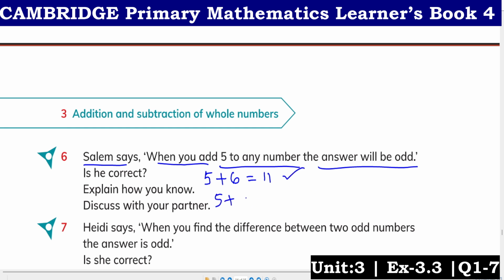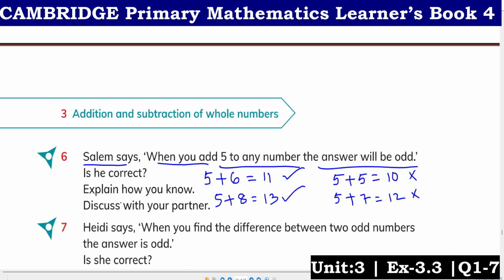5 plus 8, it's 13. In that case also he is correct. But once you add any odd number to 5, like 5 plus 5, it's 10, so it's even. 5 plus 7, it's 12, so it's also even. So his statement is also incorrect.